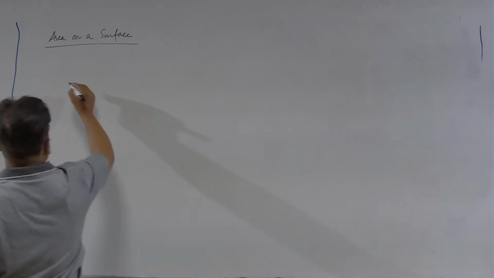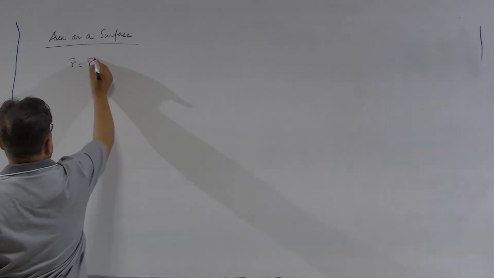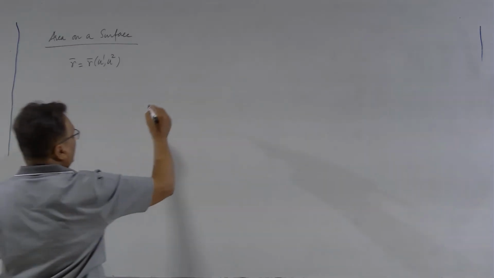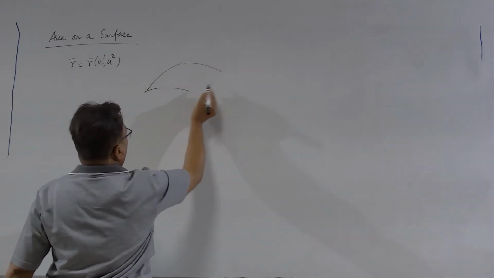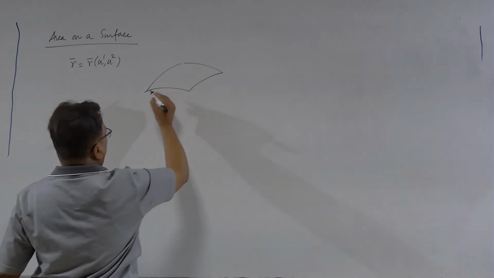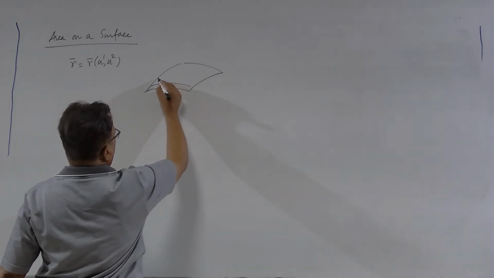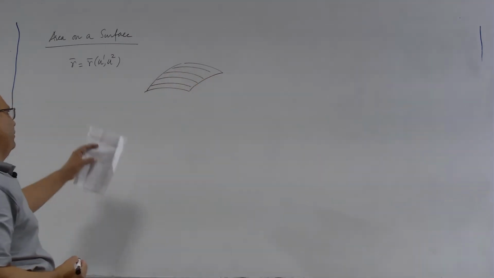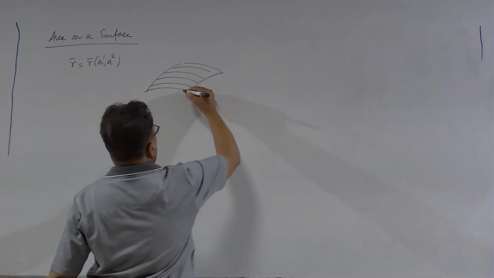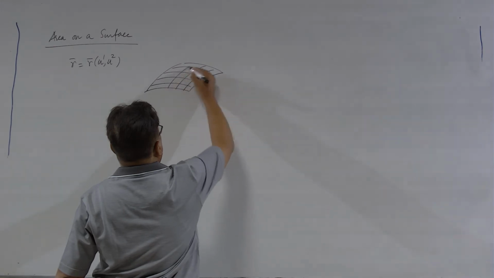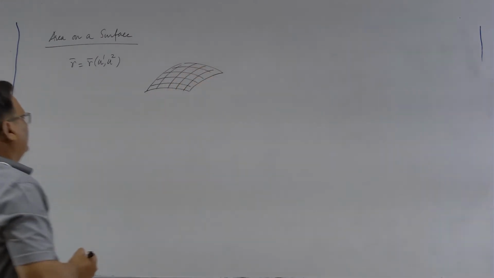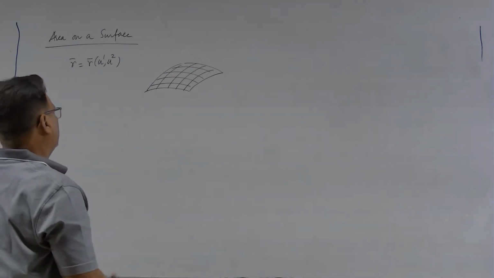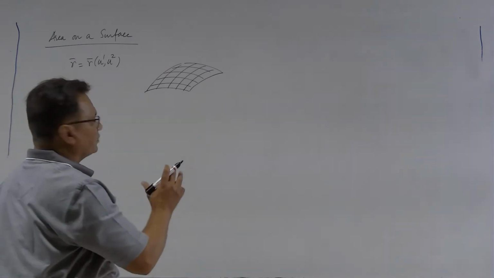So, let us consider a surface represented by a parametric equation r of u1, u2. The idea is that you draw parametric curves over the surface. Suppose these are u1 curves, this is the family of u1 curves, and then you draw u2 curves. These parametric curves will divide the whole surface into small patches.